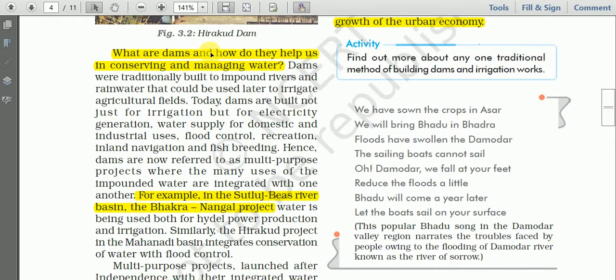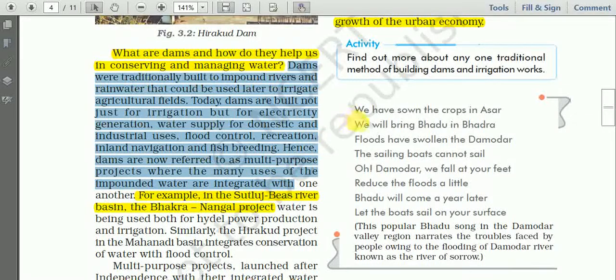Now let me read the question again. How do dams help us in conserving and managing water? The answer to this question is given here.